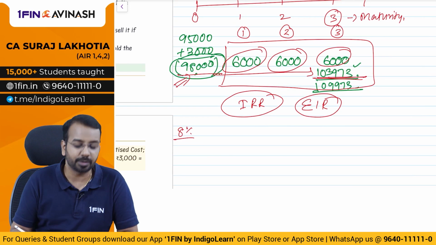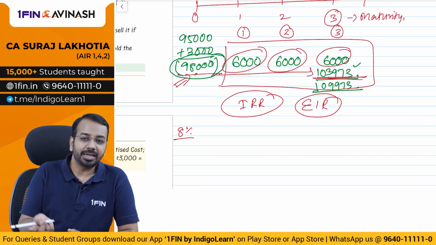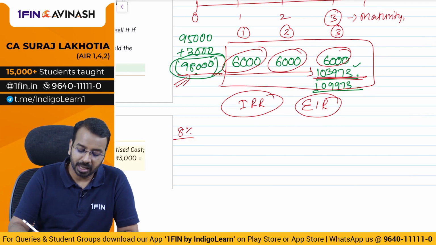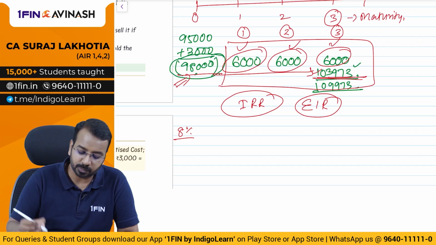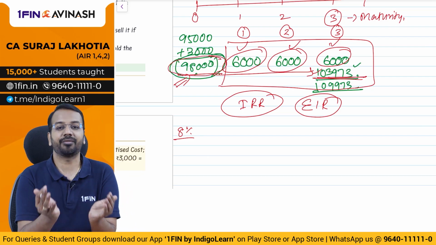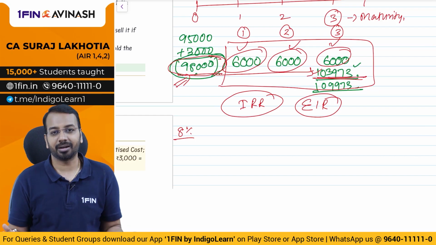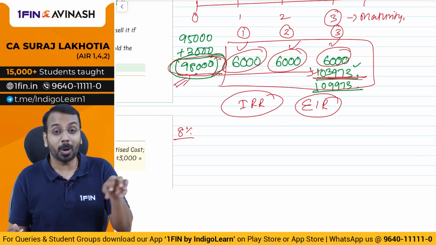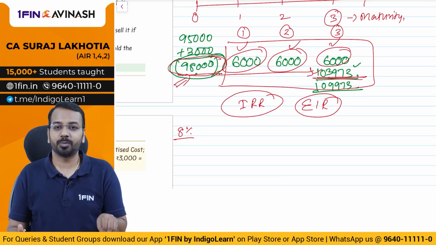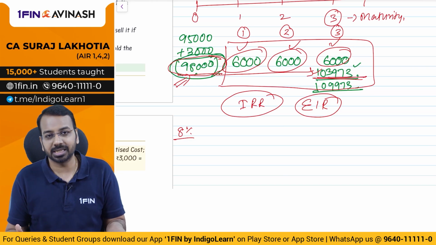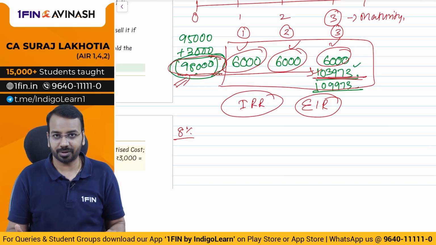Discount rate is given to be 8%. Now 8% is such a rate at which present value of all of these payments will become equal to 98,000. That is what is called the effective interest rate. In other words, IRR, the rate at which when I discount all the cash flows, the present value should be equal to my outflow on day 0.